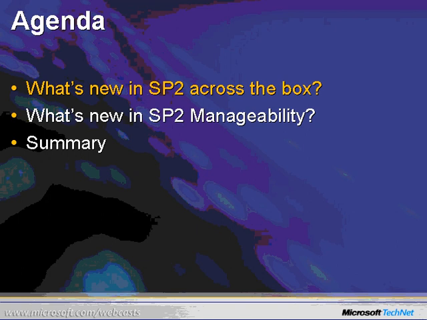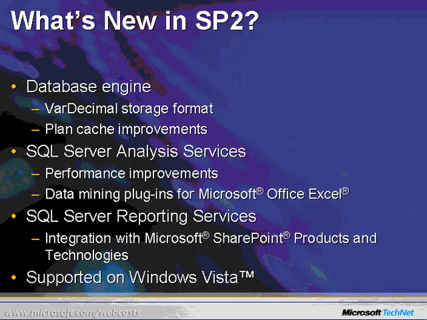So today's agenda, we will first cover what's new across the box, very high level, not even a 100 level I would say, and then we'll drill down. So what's new in Service Pack 2? Well, with the core database engine, we have 2 flagship improvements. There's a new vardecimal storage format for the Enterprise Edition SKU.